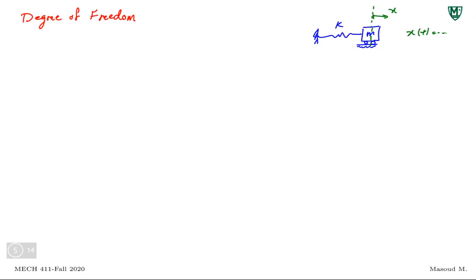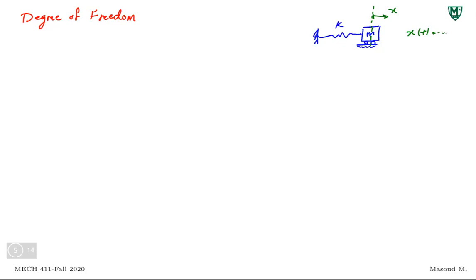I could just say, well, at this time, I know x. So at any given time, you tell me this is the x, and this is exactly the system's behavior. We didn't need anything else to describe the behavior or the motion. Now, this is a system with 1 degree of freedom.